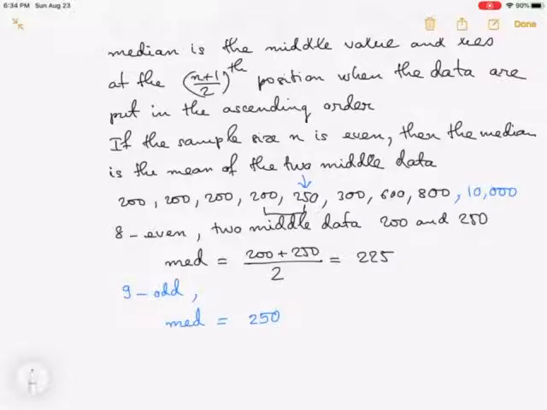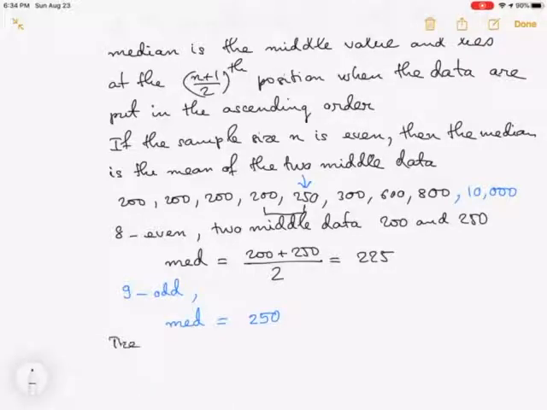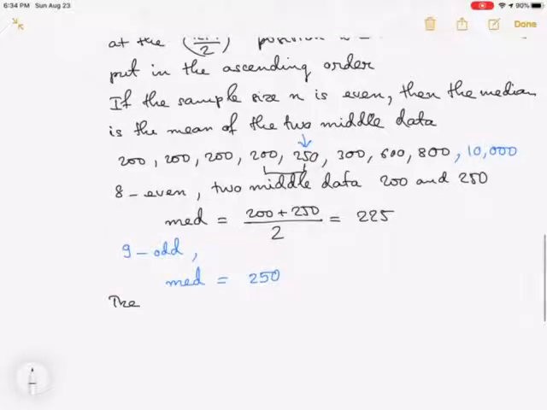You can see that you add some extreme value, but the median is not so sensitive. So the median is not sensitive to extreme values.